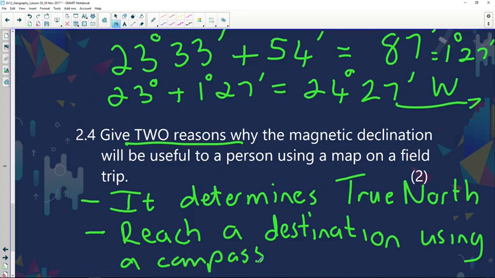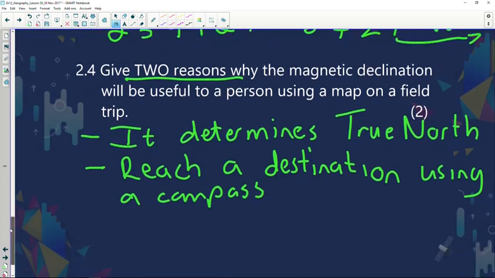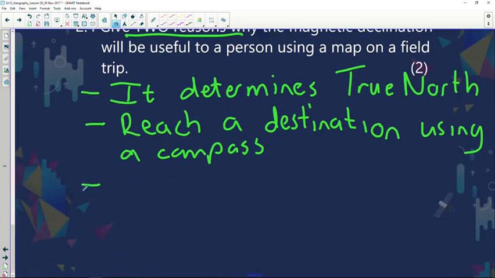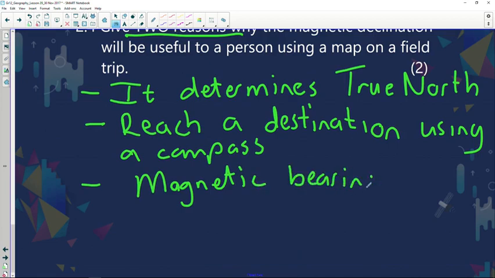Another reason we can add is that with the magnetic declination we can also calculate the magnetic bearing, very importantly. Okay, let's quickly have a look at our next set of questions.